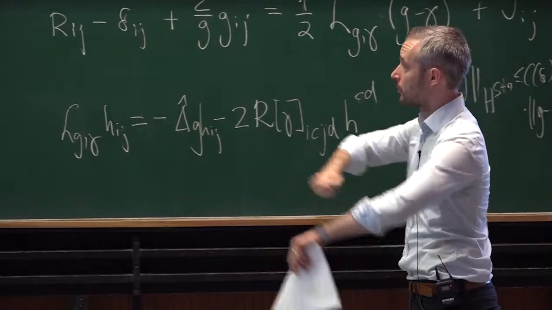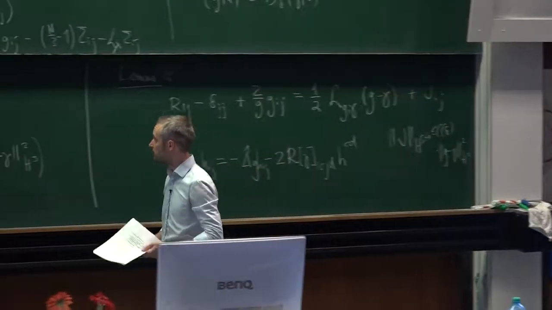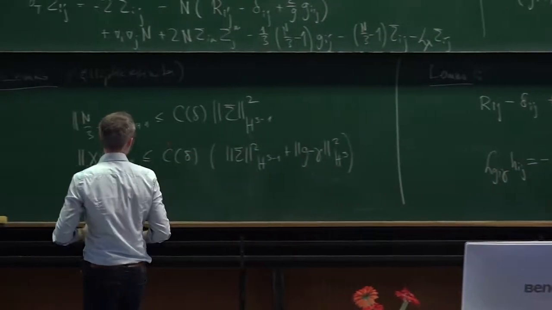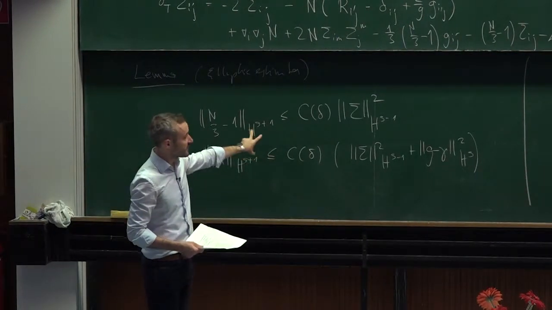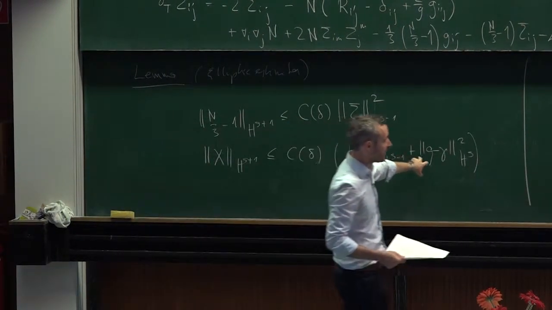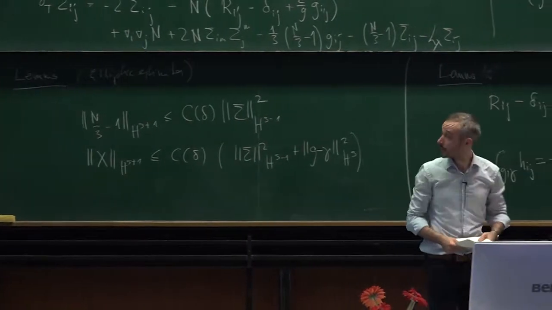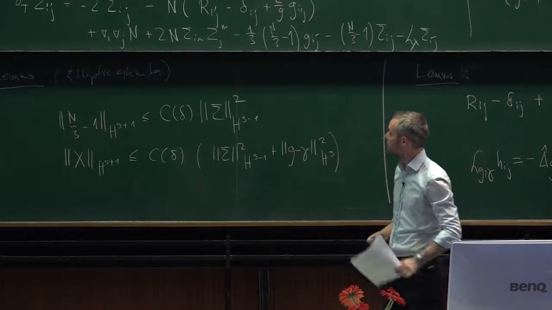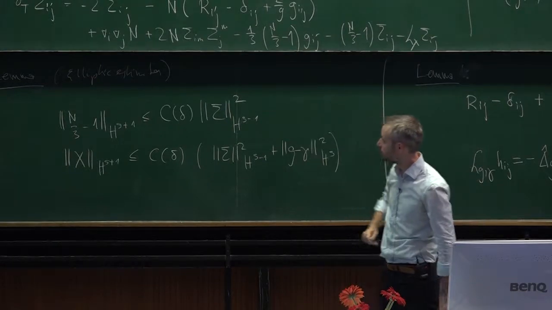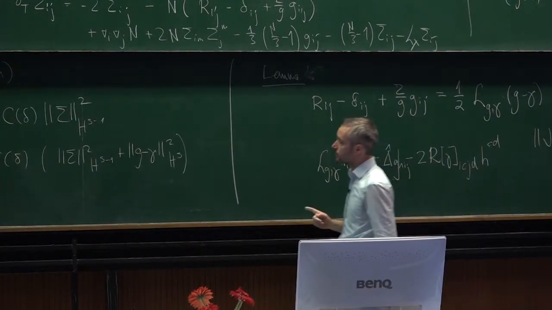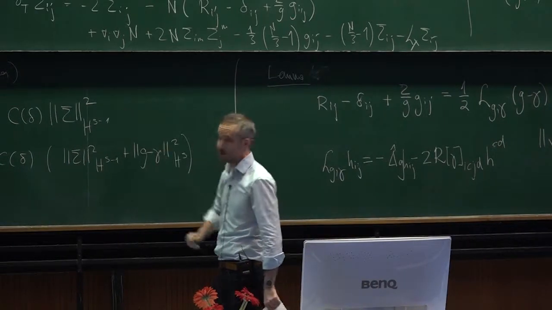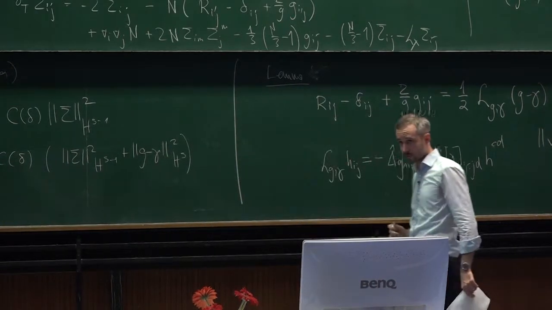Before I send the boards down, let's conclude what we have so far. We don't have to worry about the elliptic quantities. By these estimates, they can easily and nicely be bounded by the evolving quantities, k and g, sigma and g. Now, the only question is, how can we derive a nice energy estimate for g and sigma? That's the question.